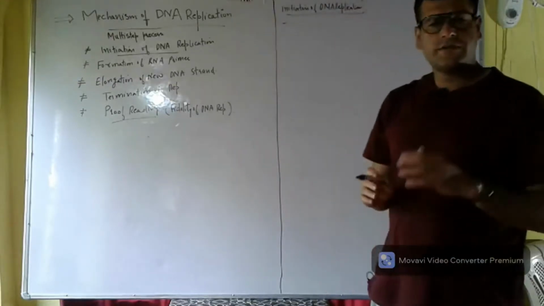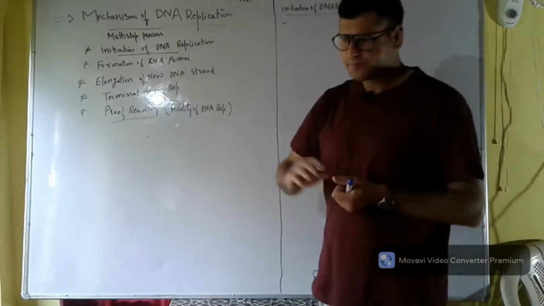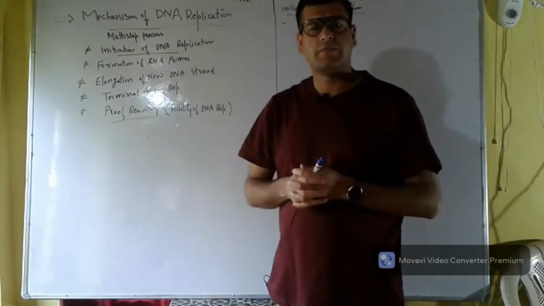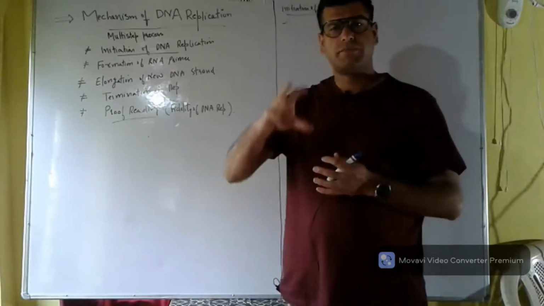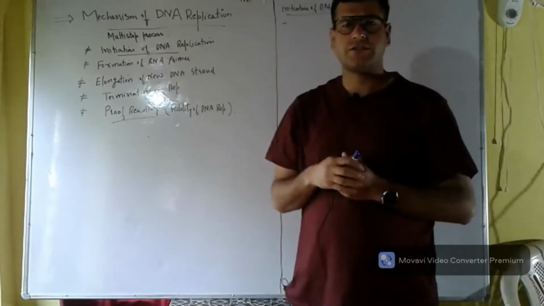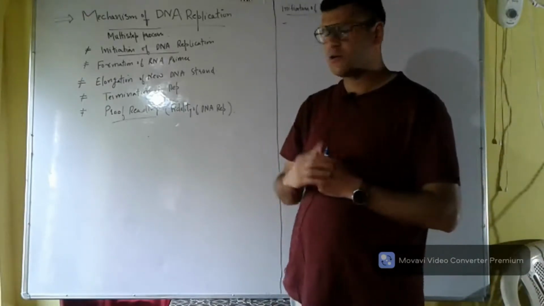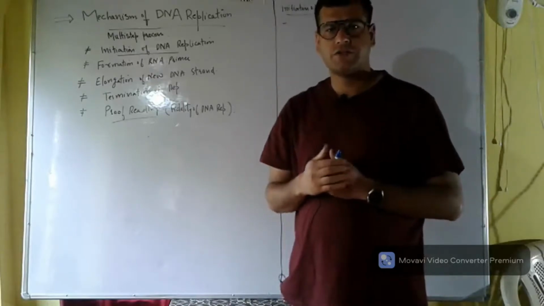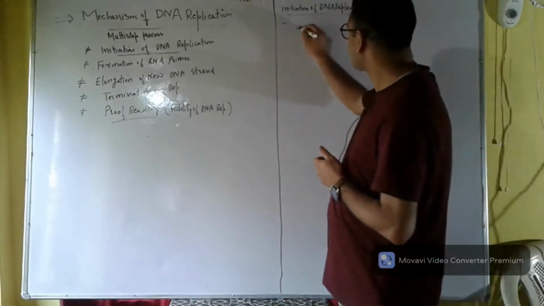DNA replication does not take place randomly on a DNA molecule, but there are certain specific sites, certain regions, called replication origins, origin of replication.